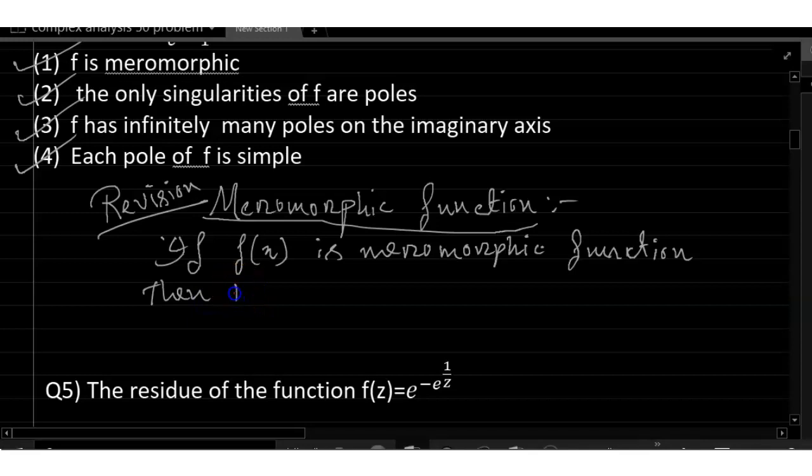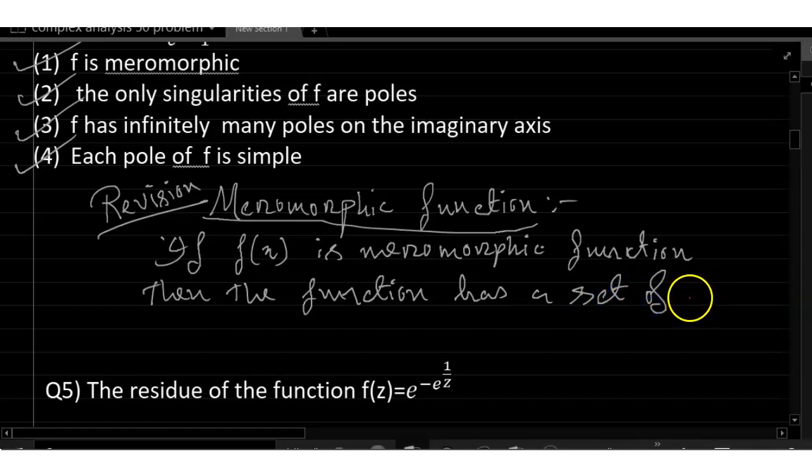then the function has a set of singularities.